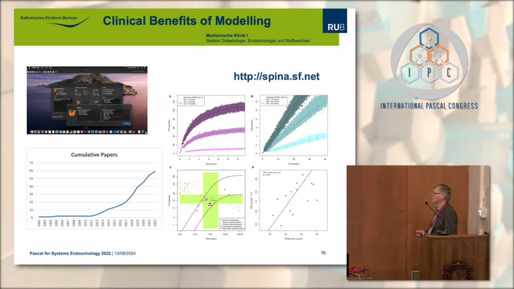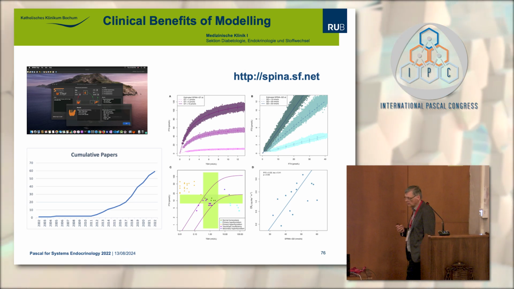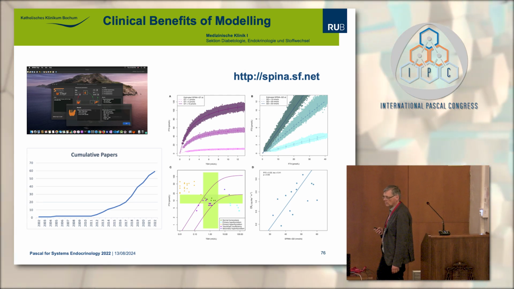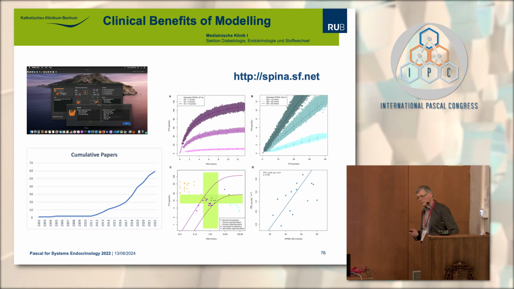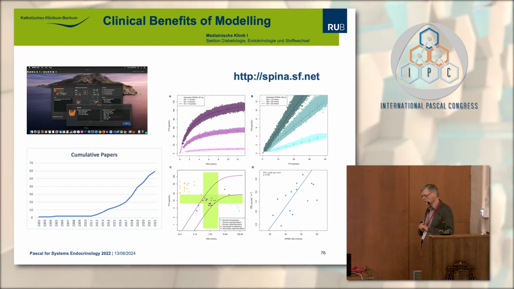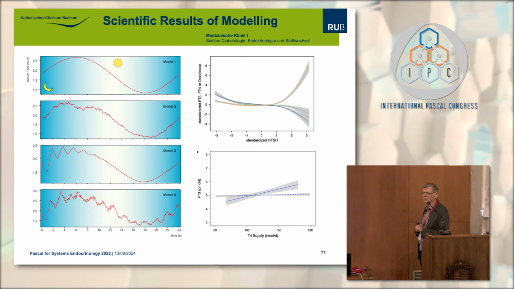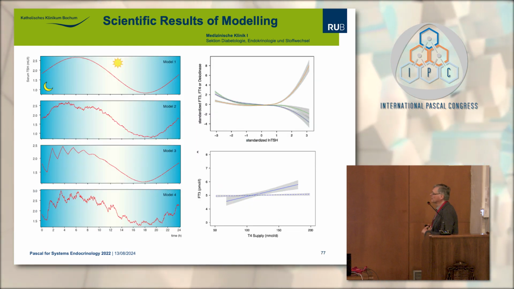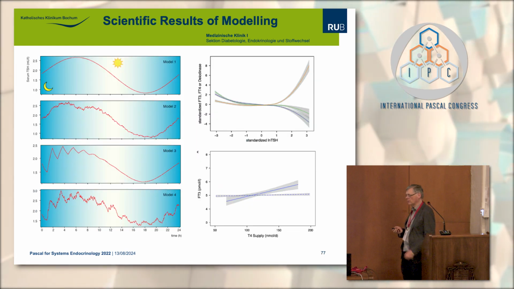And so the number of papers is continually rising over the years, and today more working groups from all over the world are using it, and we ourselves are only contributing the minority of papers on this topic.